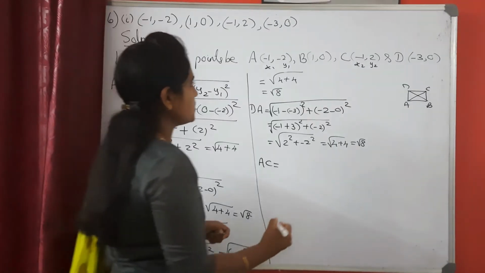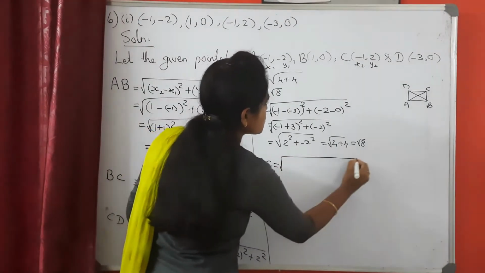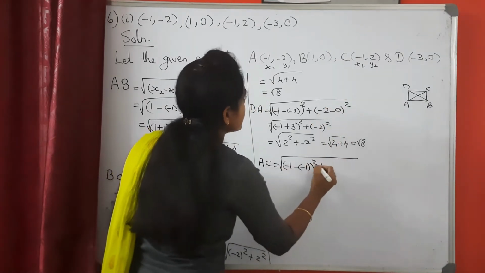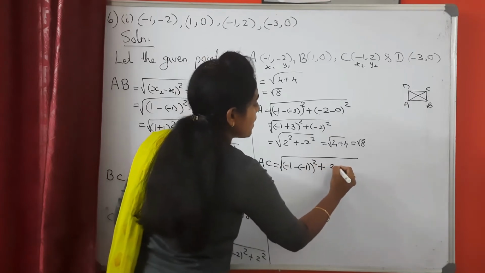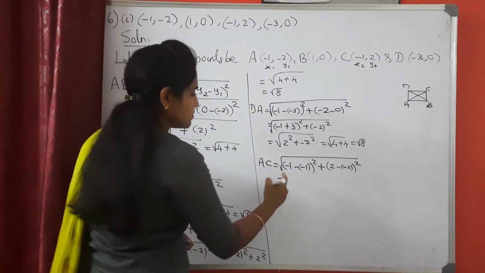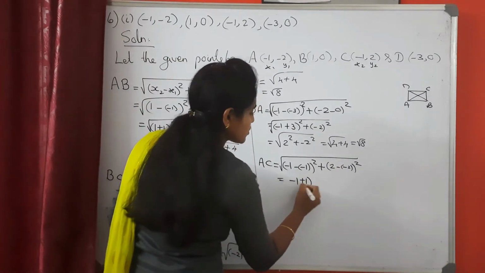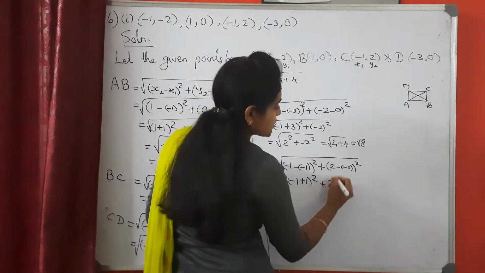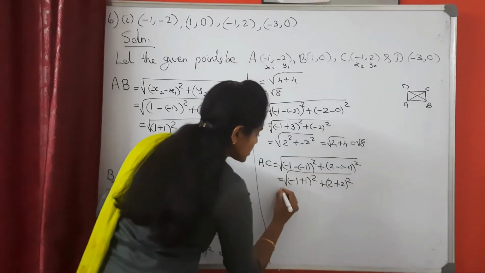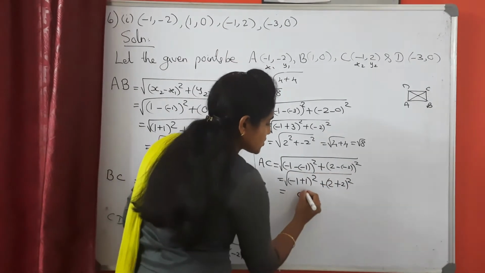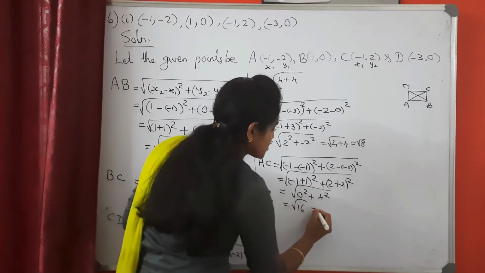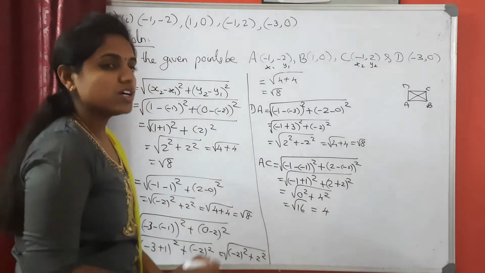AC equals root of (x2 minus x1) whole square plus (y2 minus y1) whole square, which is equal to root of (minus 1 minus plus 1) whole square plus (2 minus plus 2) whole square, which is equal to root of 0 square plus 4 square, which is equal to root 16. Root 16 value is 4. So AC equals 4, we got.